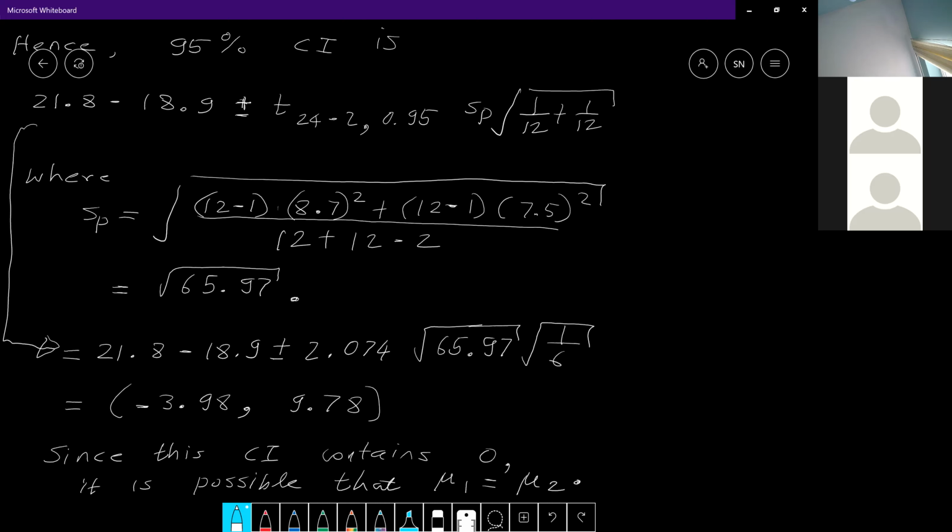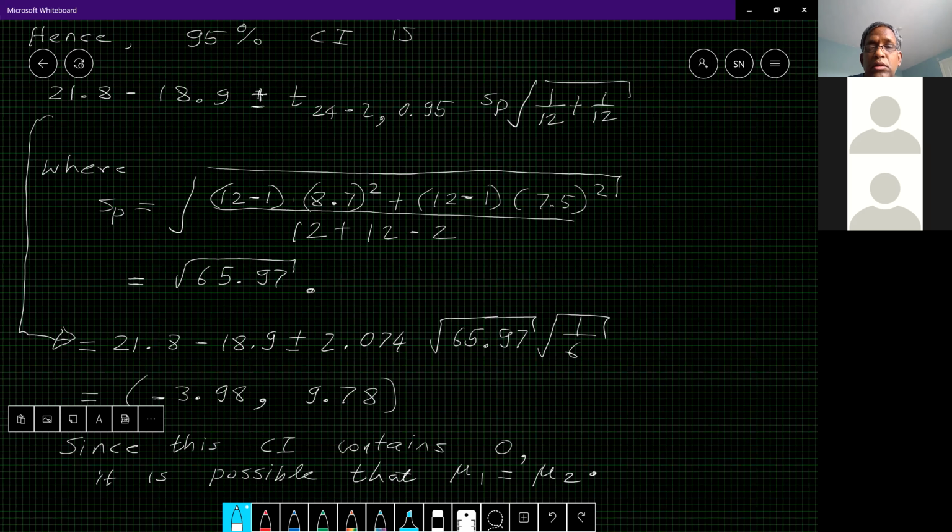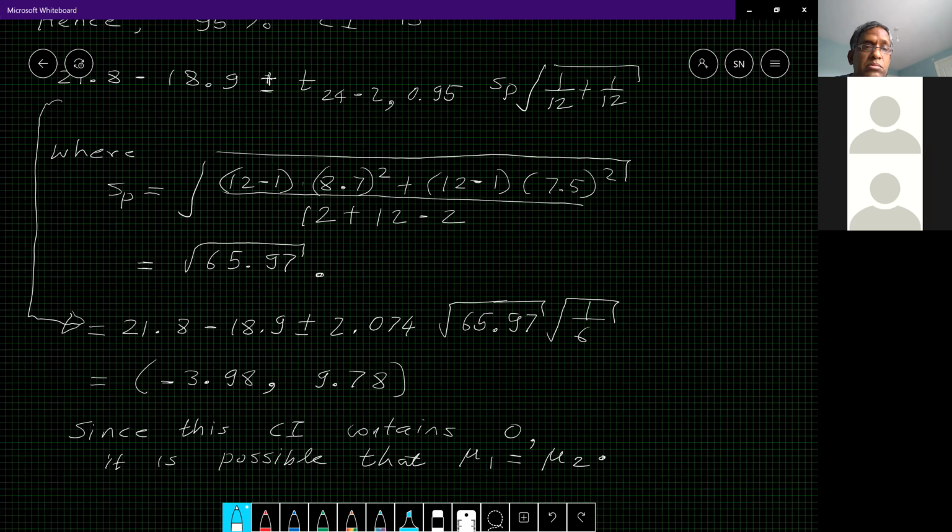Remember, if mu1 is equal to mu2, then the difference is of course 0. So since the interval contains the value 0, it is possible that mu1 is equal to mu2. All right, guys, so this is the solution for question number 4. Any questions? Anything that is not clear, please let me know.